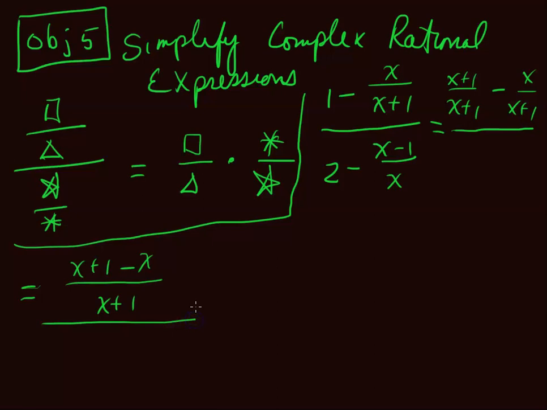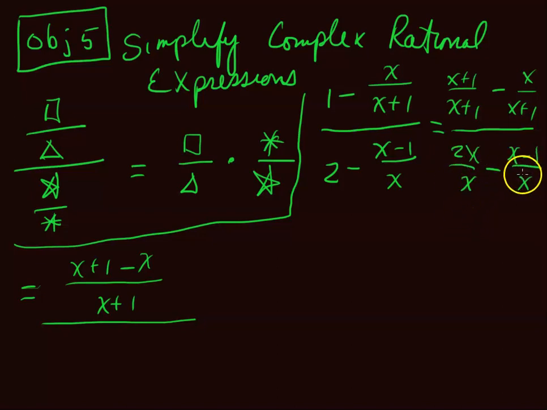Now you work with the denominator. Same idea applies here. 2 is the same as 2 over 1, and we need an x over x because we need a common denominator of x. So it's 2x over x, minus x minus 1 over x.